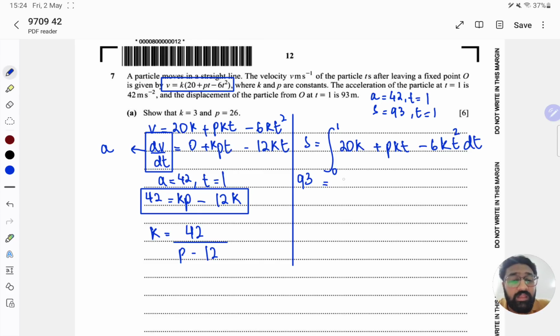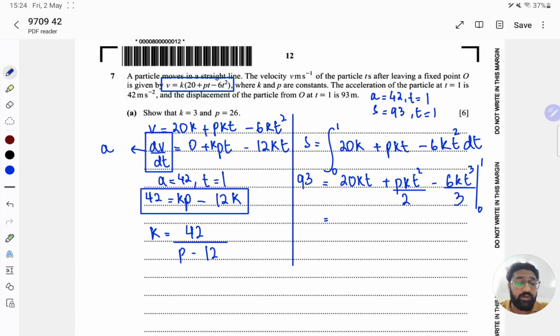So it will be 93 equals 20kt plus pkt squared divided by 2 minus kt cubed divided by 3, and the limits will be 0 to 1.